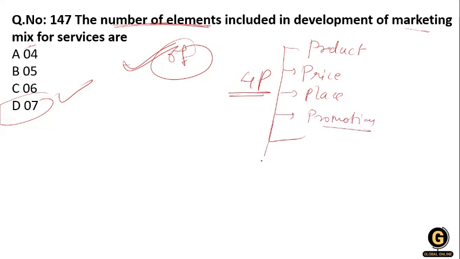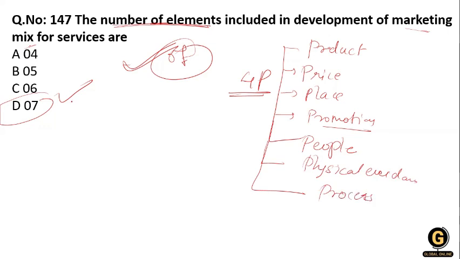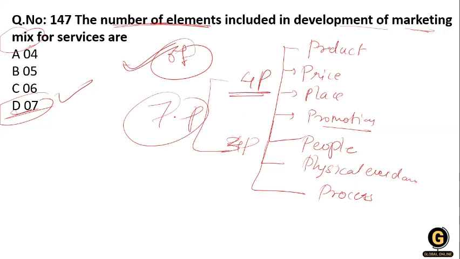After that they include 3 more: people, physical evidence, and process. So the number of elements is 4 plus 3, which is 7.